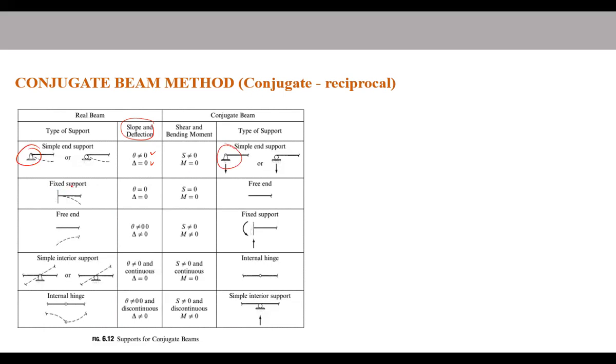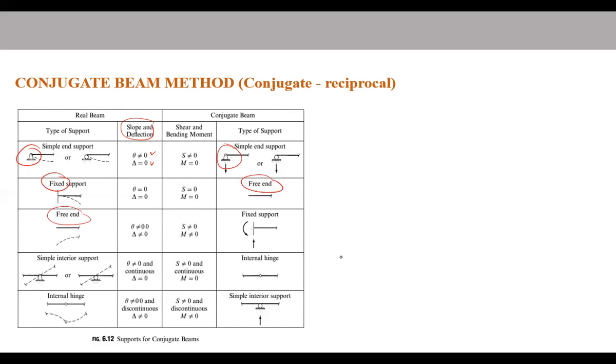A fixed support is very interesting. If you take a fixed support, no slope, no deflection. That means no shear force, no bending moment, so it should be a free end, because if you have any sort of support, there will be at least shear force. So a fixed support in the real beam will become a free end in the conjugate beam. A free end in the real beam will become a fixed support in the conjugate beam, because a free end in a real beam means there will be slope and deflection.